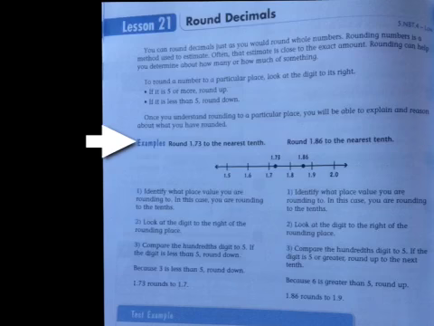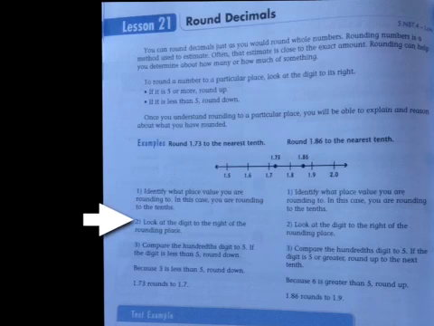So the example says round 1.73 to the nearest tenth. And then it says to round 1.86 to the nearest tenth. So first off, it tells us to identify what place value we are rounding to. In this case, we are rounding to the tenth place.